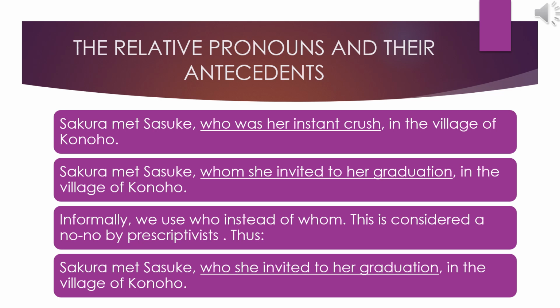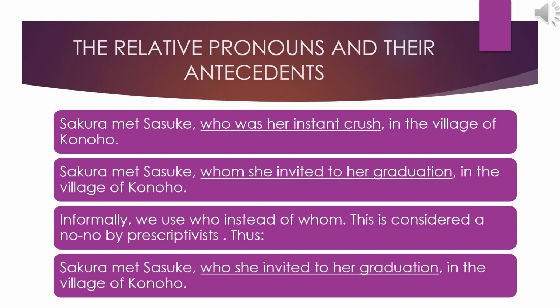So in this case, the antecedent is Sasuke. I am using the relative pronoun who, introducing the relative clause, which tells me that the antecedent is a person, right? And by using the word who, I am saying that this word is the subject of the relative clause. And as you can see, it's true. Who was. So who is acting as the subject.